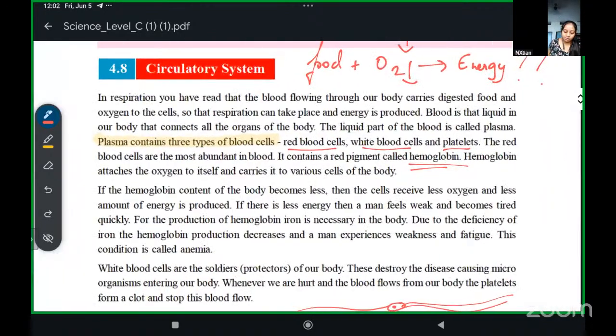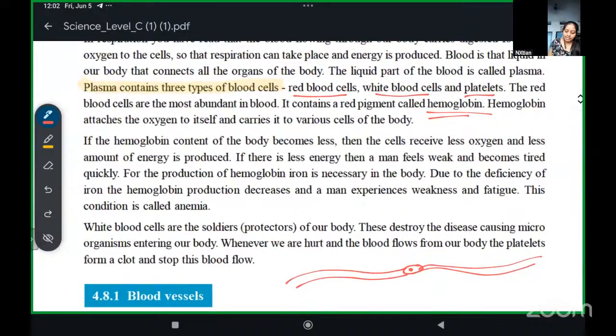Now, when the hemoglobin content of the body becomes less, cells receive less oxygen, and less energy is produced. If there is less energy, a man feels weak and becomes tired quickly. For the production of hemoglobin, iron is necessary in the body.